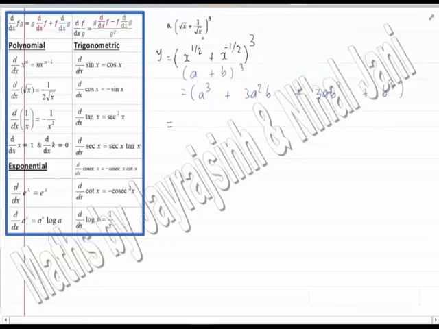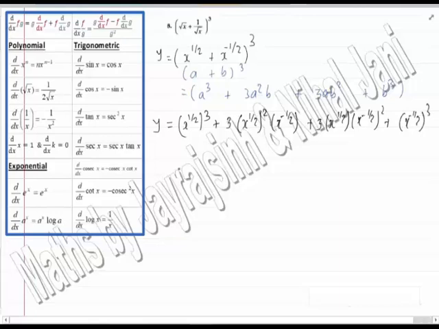So let's use the formula to split the bracket. So our question will be like, x raised to 1 by 2 whole cube plus 3x raised to 1 by 2 the whole square into x raised to minus 1 by 2 plus 3x raised to 1 by 2 x raised to minus 1 by 2 the square plus x raised to minus 1 by 2 whole cube, right?